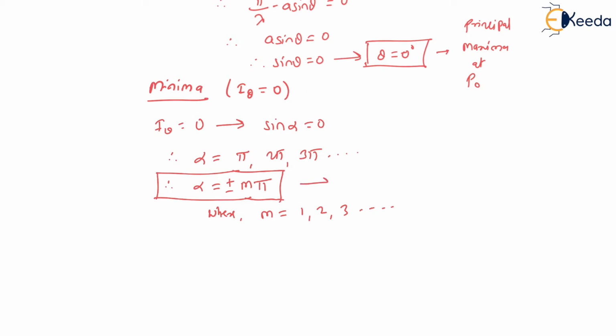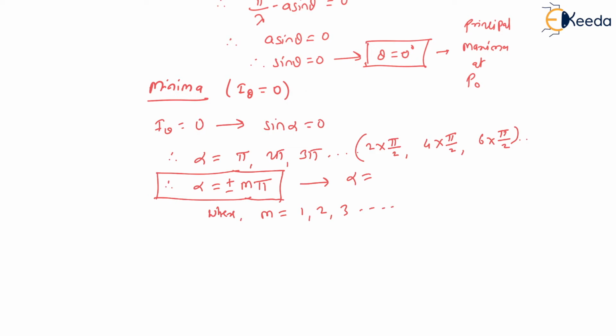Here again remember, we can write this equation like this also. See here, this is pi, so I can write this as 2 into pi by 2. Then for 2 pi, I can write 4 into pi by 2. Then for 3 pi, I can write 6 into pi by 2 and so on.